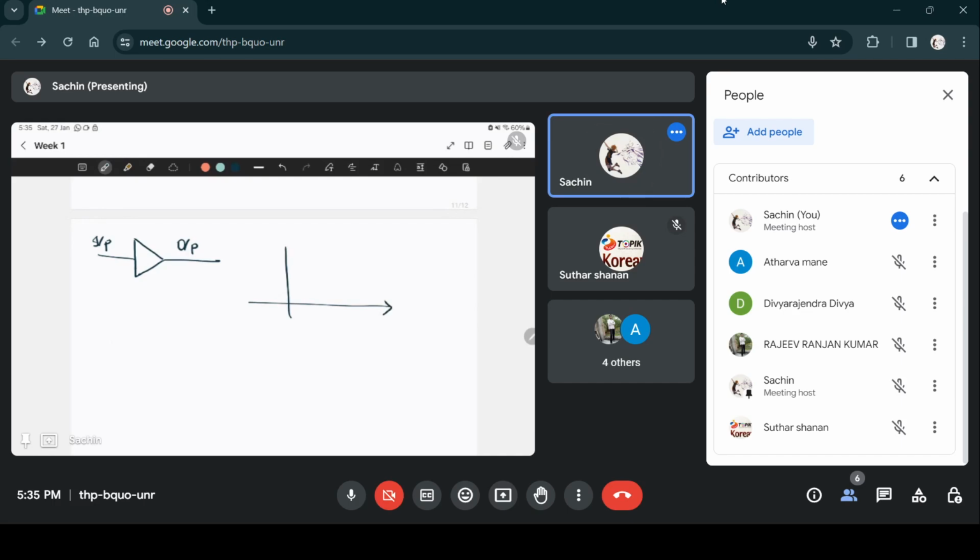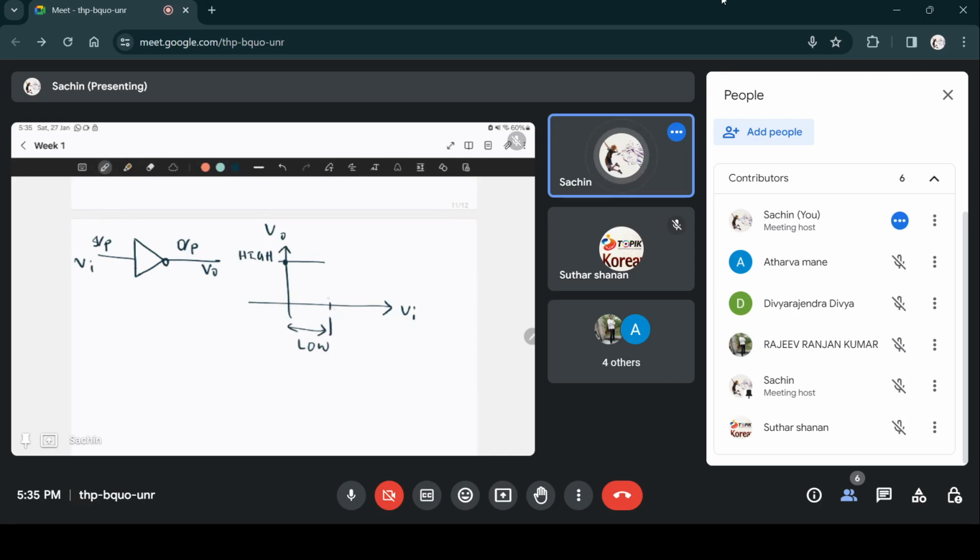So consider a NOT gate. What should a NOT gate do? This is your input Vi, this is your output Vo. If your input is low, this is what I consider as low, then your output should be high.